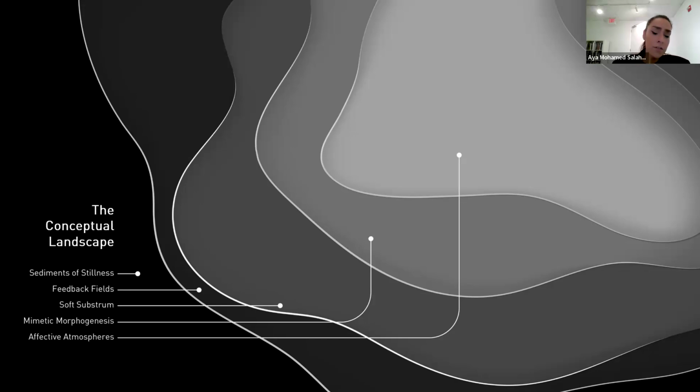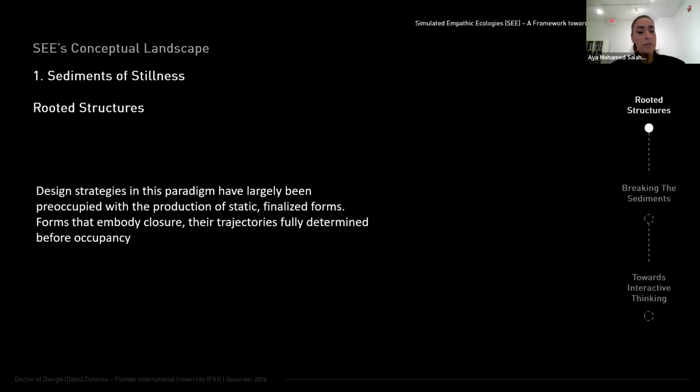So the first layer is the sediments of stillness, and again, this is a way to situate things within architectural thinking, architectural theory, and the different philosophies out there, and not to start speaking about it in a vacuum.